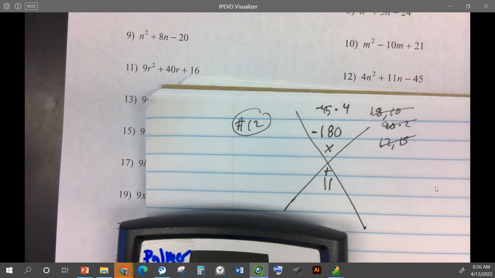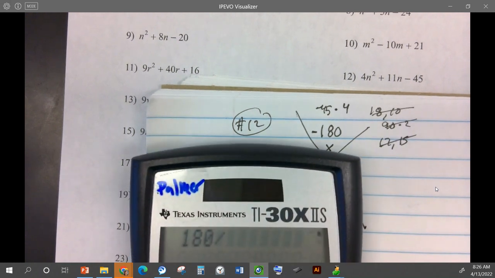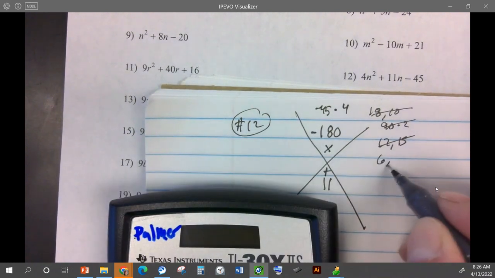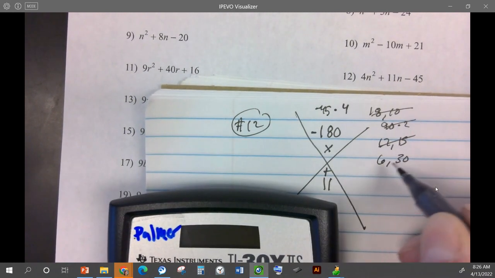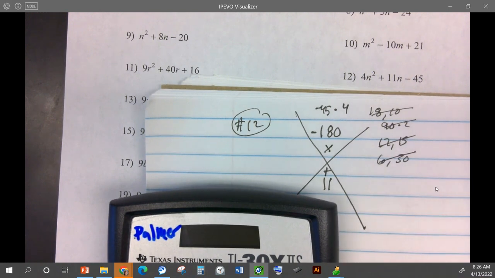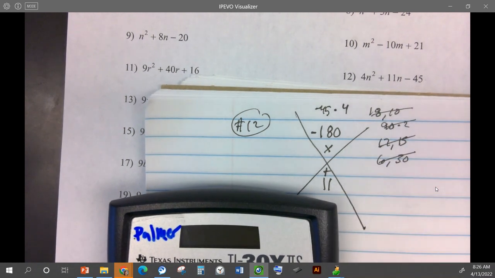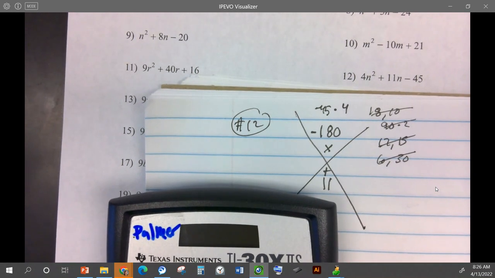So how about, let's see, 180 divided by 6? 30. They're not 11 apart, so that's not going to work. 9 and 20. Oh, did you say 20? I said 9 because I didn't see the 0 in the 180.